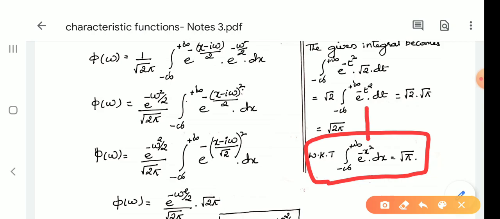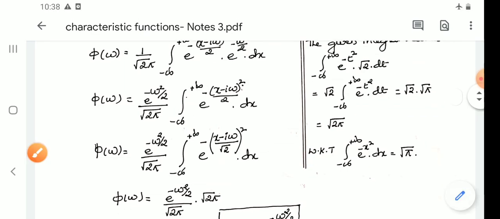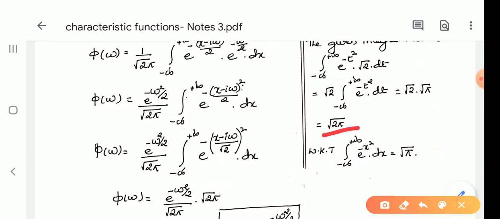So, now here integral minus infinity to plus infinity e to the power minus t square dt becomes square root of pi. So, root 2 into root pi we get. So, together we can write it as square root of 2 pi.